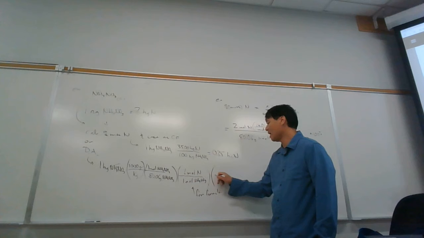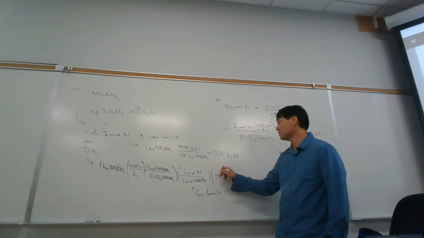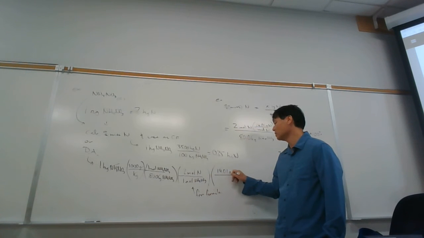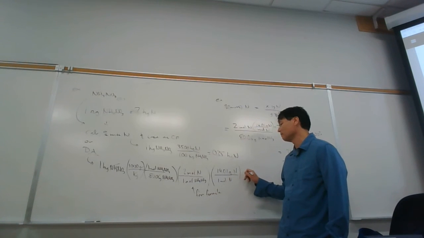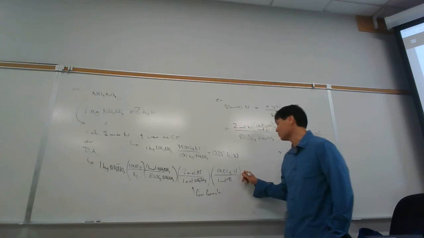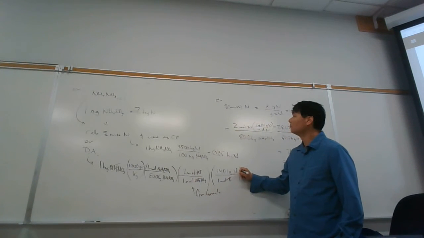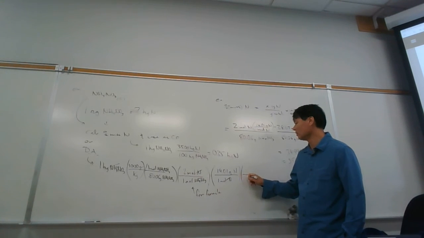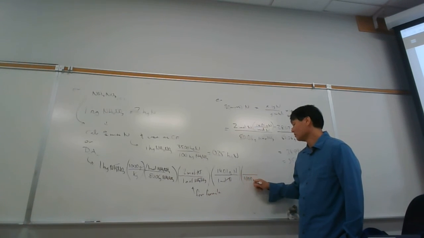And then I know the average mass of nitrogen is 14.01. So there are 14.01 grams of nitrogen for every 1 mole of nitrogen atoms. Moles of nitrogen cancels, moles of ammonium nitrate cancel. That leaves us with grams of nitrogen. And then I need kilograms, so I'm going to convert it to kilograms, 1,000 grams per kilogram.